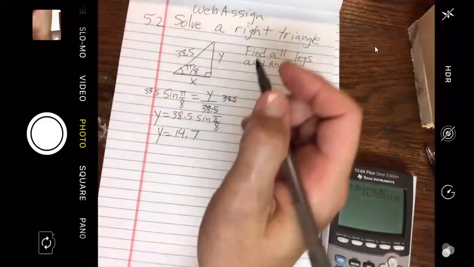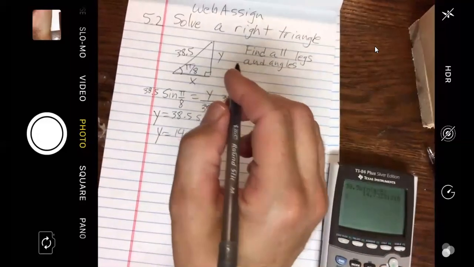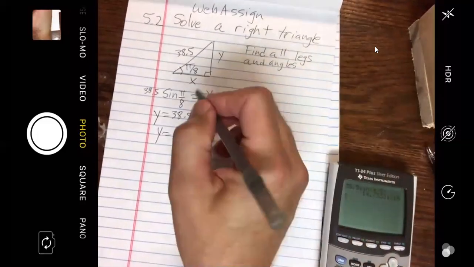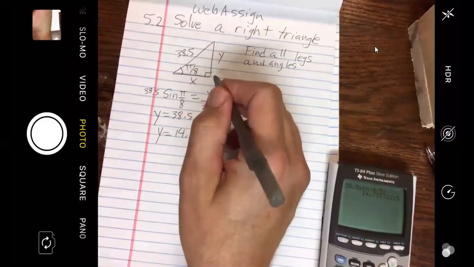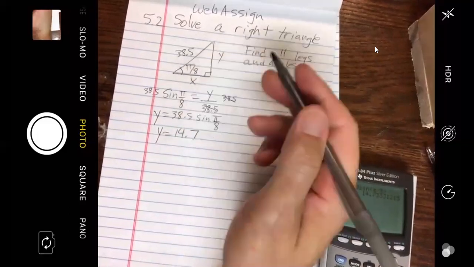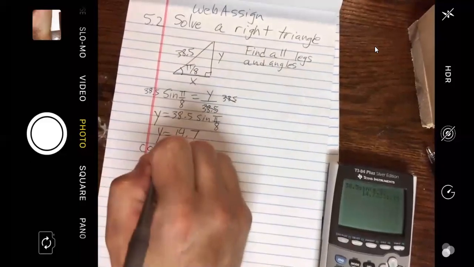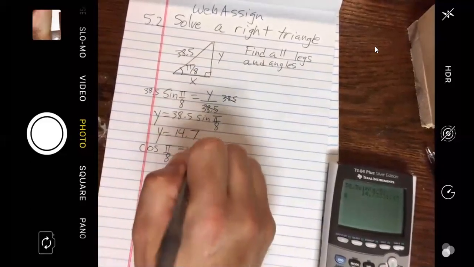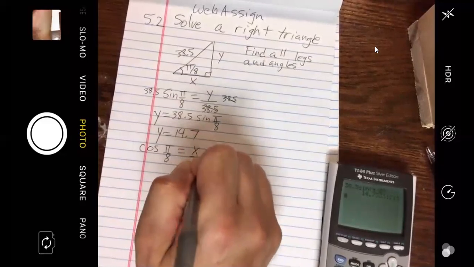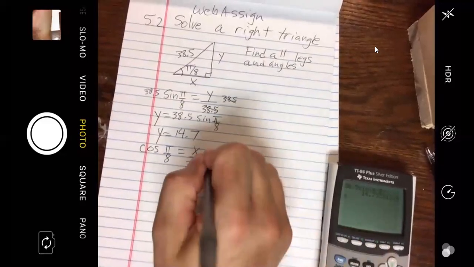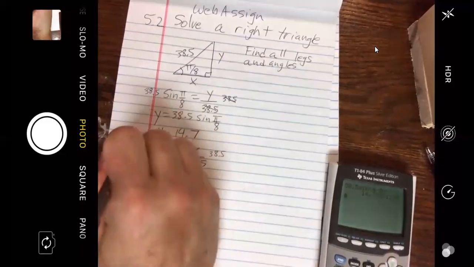All right, now there's actually a lot of different ways to proceed. We could apply the Pythagorean theorem and solve for x. You could do a cosine, adjacent over hypotenuse. Again, multiply by 38.5.